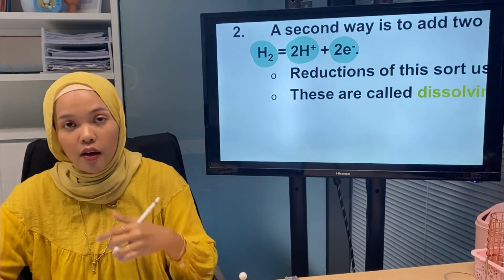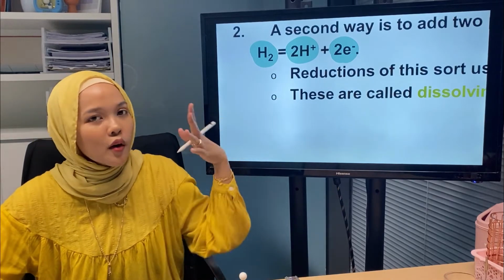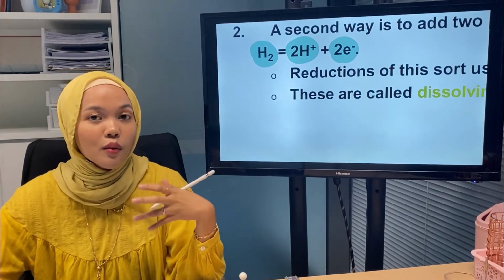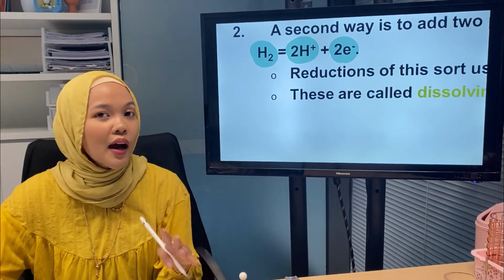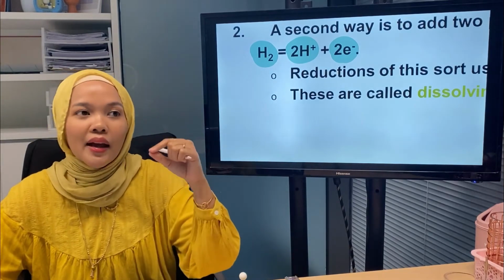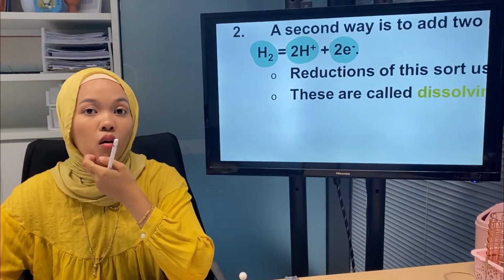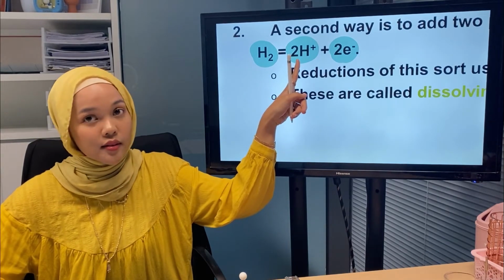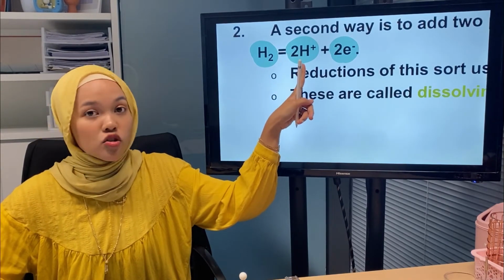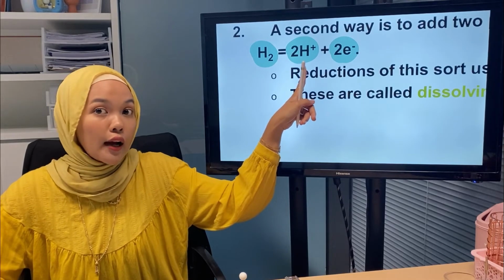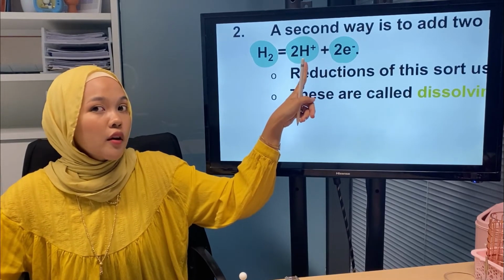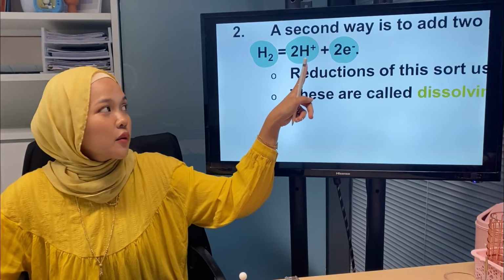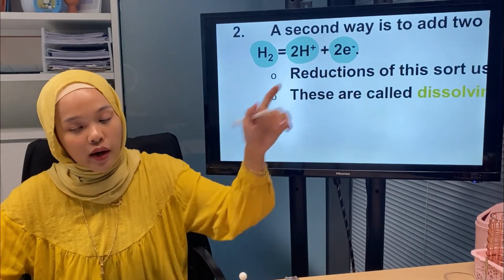I hope you understand. The point here is we want to add hydrogen, but the hydrogen can be added by adding molecular hydrogen, or you can add a proton like H plus. But H plus is not molecular hydrogen, it is a proton, hydrogen without electron, so you need to add it with 1 electron.